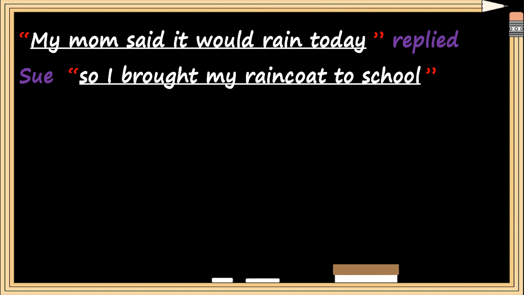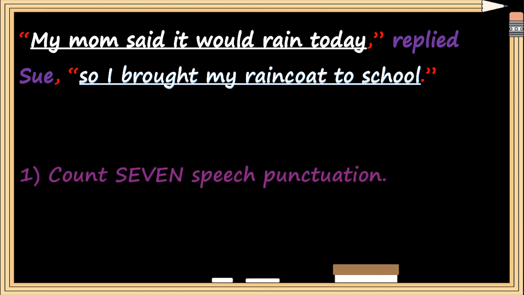Because of that, after the said part, or in this case, the "replied Sue," I'm going to put a comma and not a full stop, because the sentence is continuing. Also, the "so" will not start with a capital S because it's not a new quote in a new sentence. Again, if I count the speech punctuation, there should be 7.